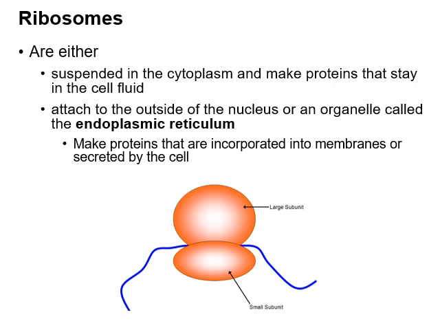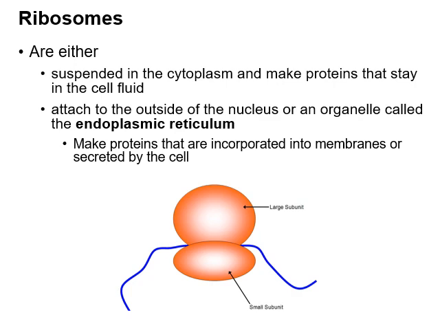However, there are some proteins that need to be made that then need to go outside of the cell. For instance, the cells that are making lactase. Lactase is needed for breaking down lactose.